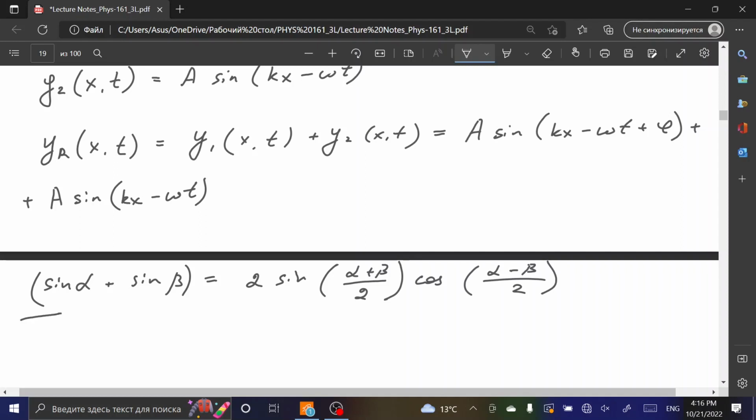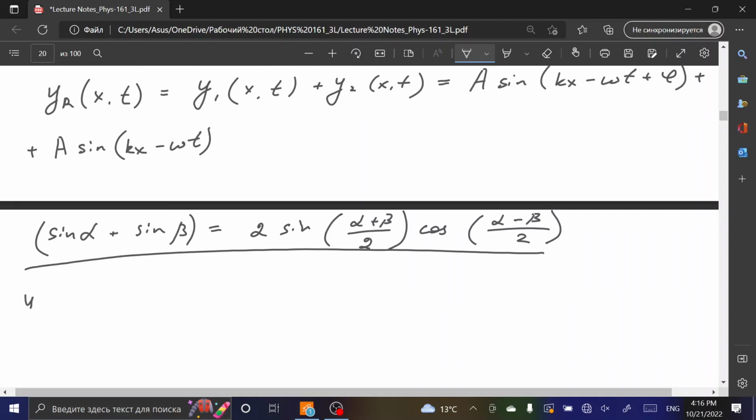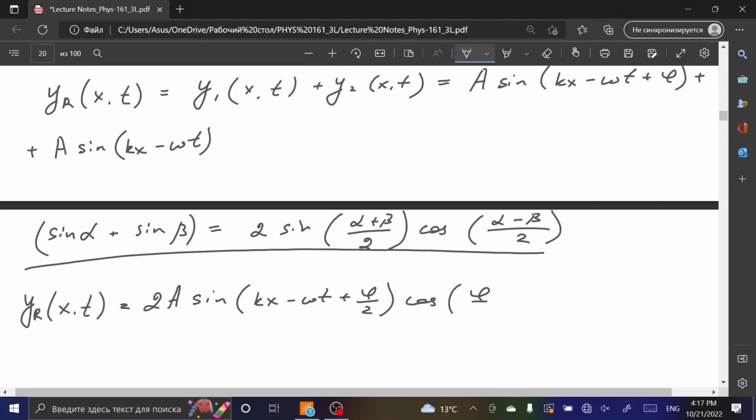Applying this to our previous equation, we get the expression for the resultant wave function as follows. It will be 2 times a times sin(kx minus omega t plus phi over 2) times cos(phi over 2).